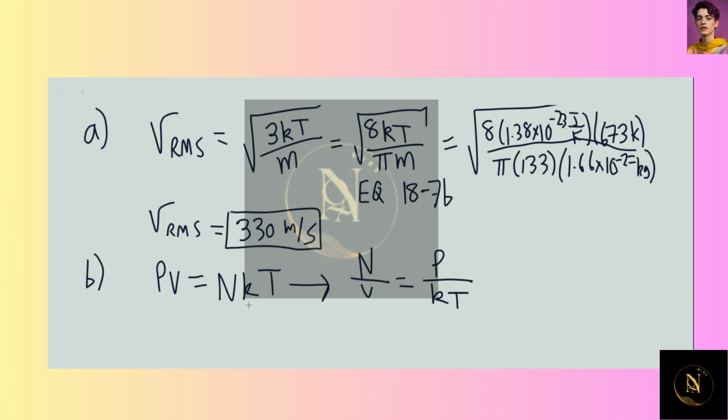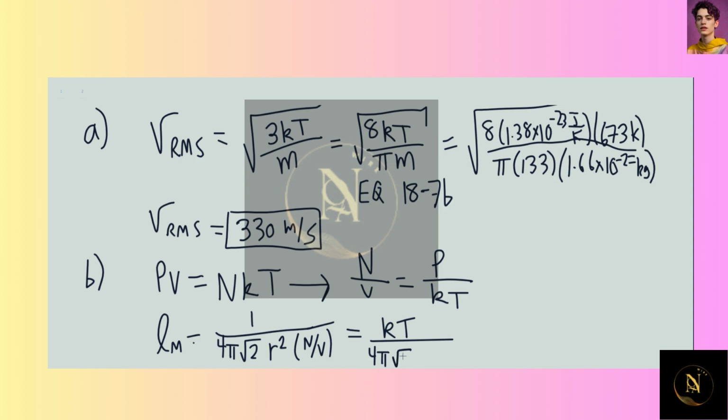We're going to use this later because the traditional expression for mean free path involves N over V. That expression is kind of gross, to be honest: 1 over 4 pi root 2 r squared, where r is the radius of the individual particles, times N over V. We're going to replace N over V by something involving pressure and temperature instead. Once we make that substitution, we get kT over 4 pi root 2 r squared times P.